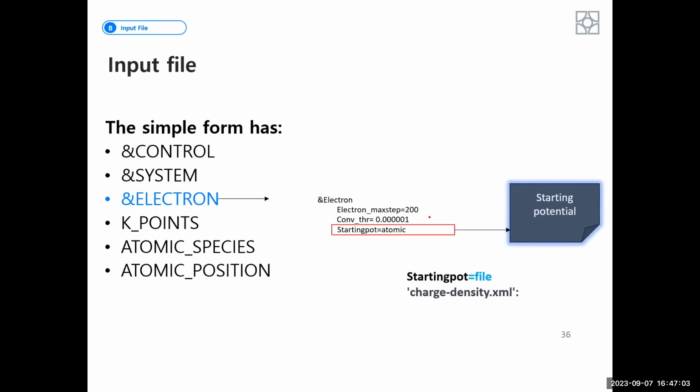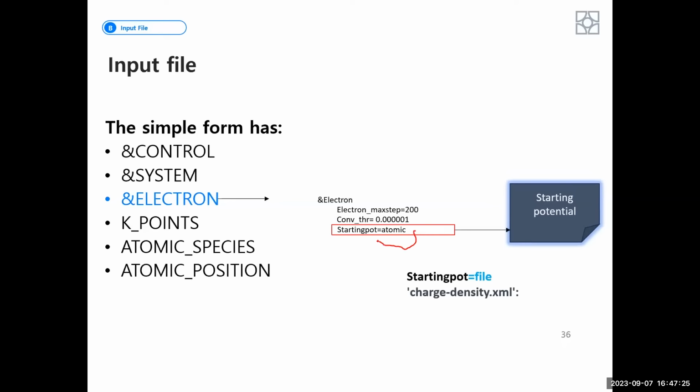We also have the starting potential, atomic. It means the code will take the superposition of atomic charges as a starting potential. This option is typically used when we have no previous result.